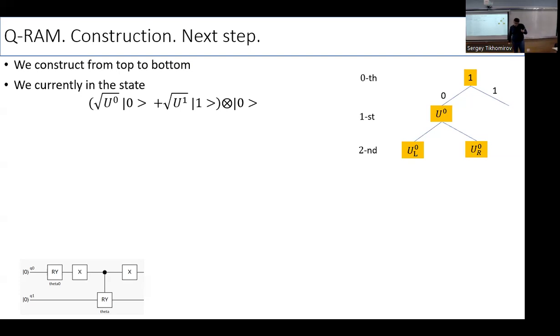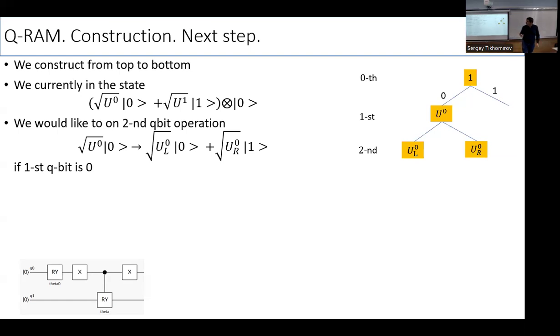I want to make the situation so that the probability that I get 2 zeros would be UL0, and the probability that I will get 0, 1 would be UR0.